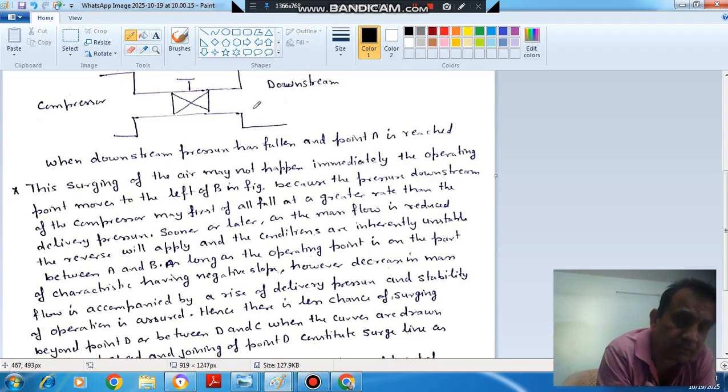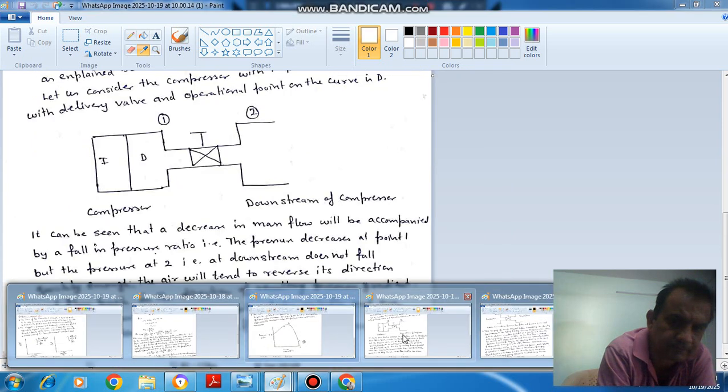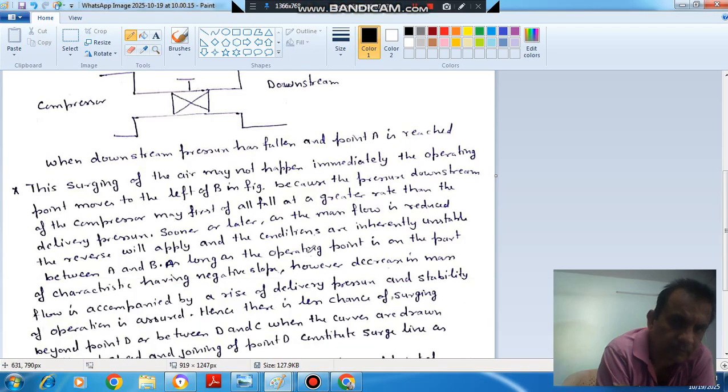If we decrease the mass flow rate so much that point D is reached, then this region will become unstable. Now if we operate the compressor here, a decrease in mass flow will lead to pressurization.